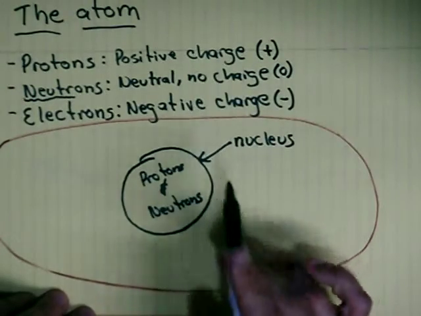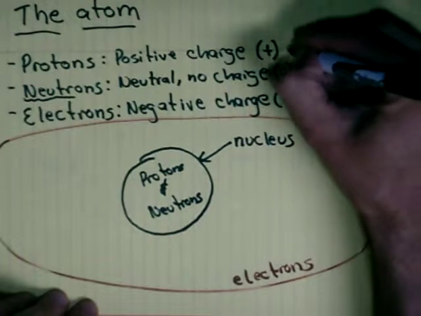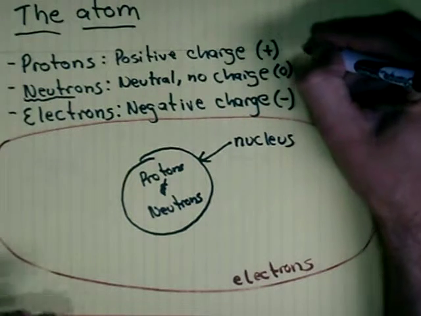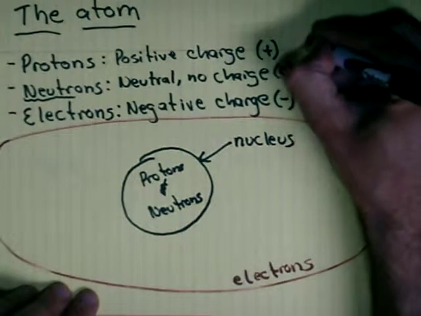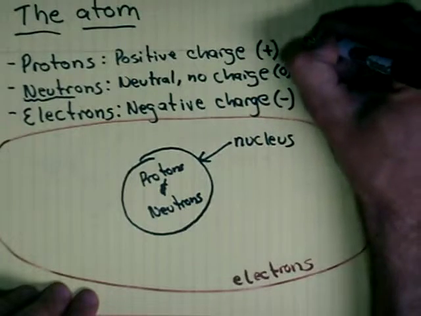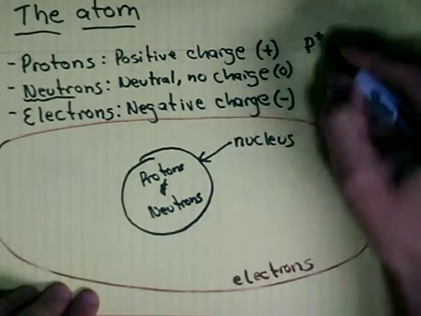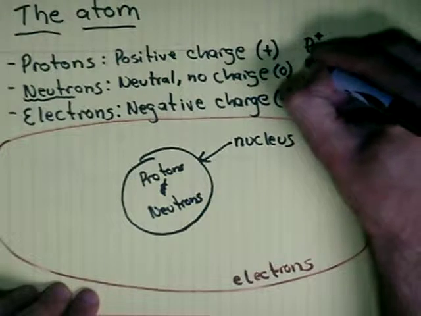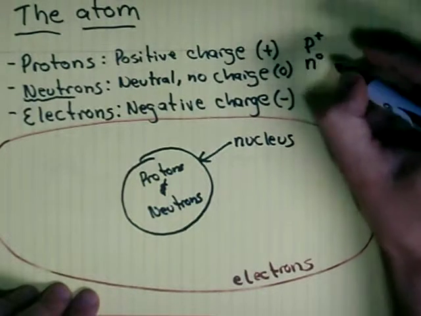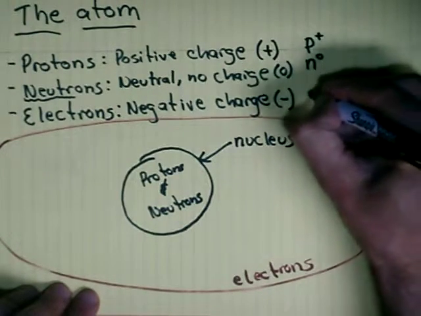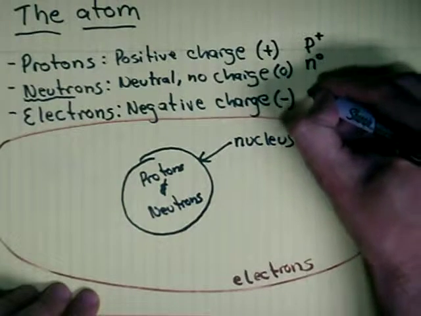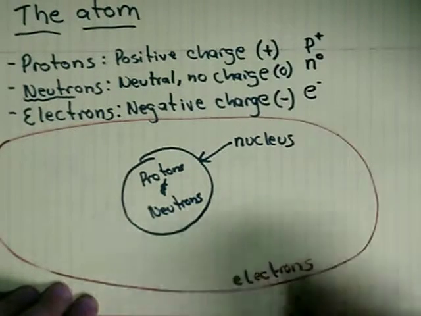And one way that we see these written also, just to show you some of the convention, is protons we do a P and a plus. Neutrons, an N and a 0. And electrons, as you might guess, an E and a negative.